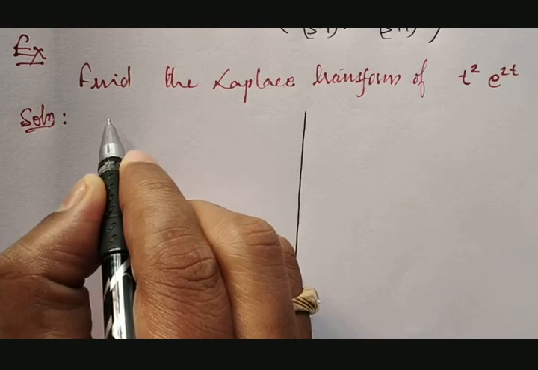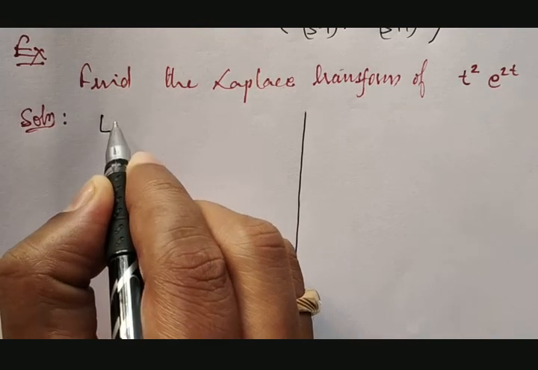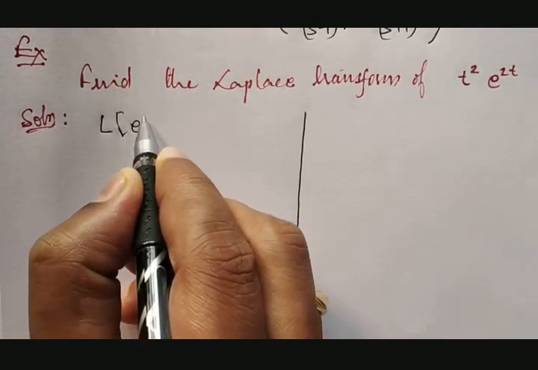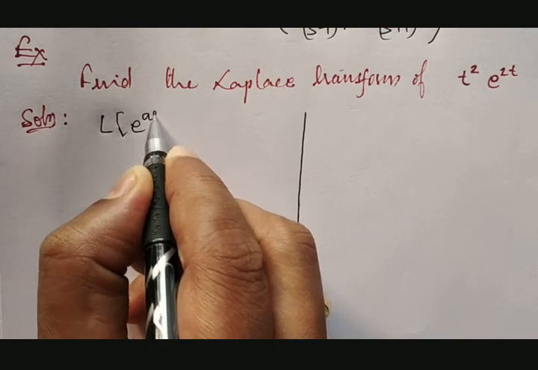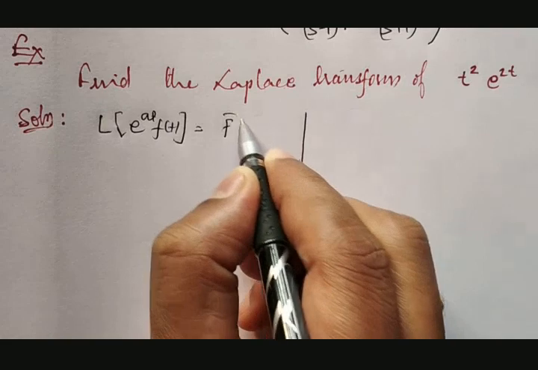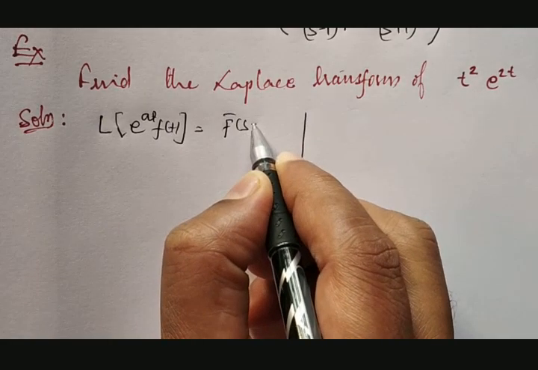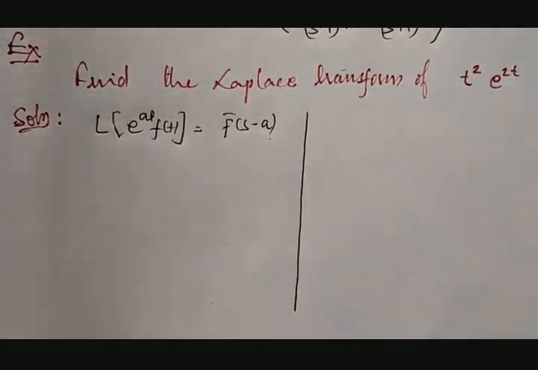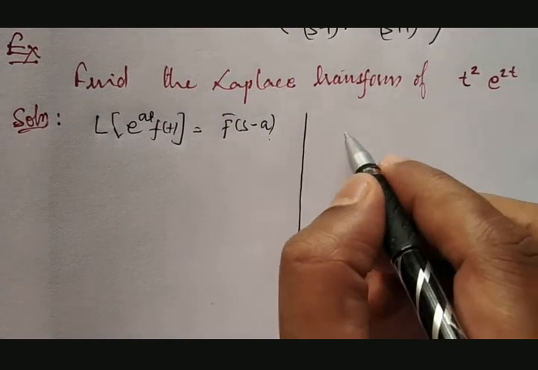What shifting property says? Shifting property says Laplace transformation of e raised to at into f of t is nothing but f bar of s minus a. Okay, what derivative property says?